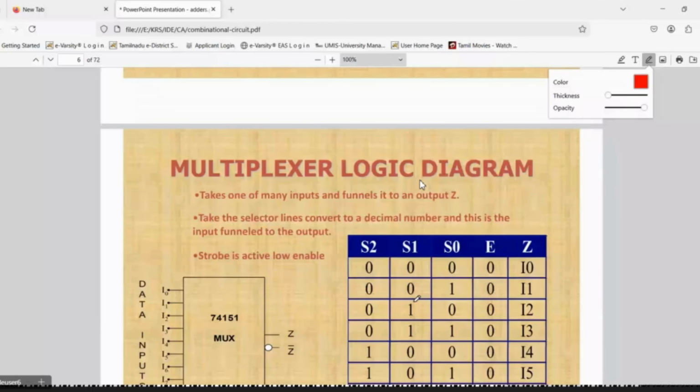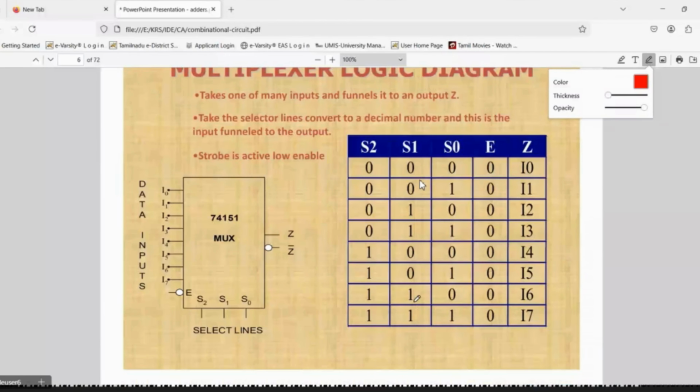This is 8 by 1 multiplexer, 8 input lines, only one output. And there are 3 selection lines.